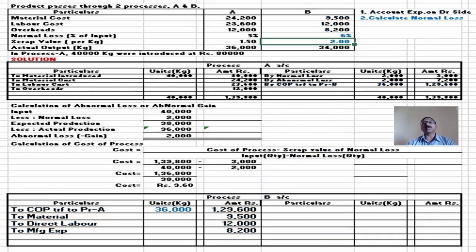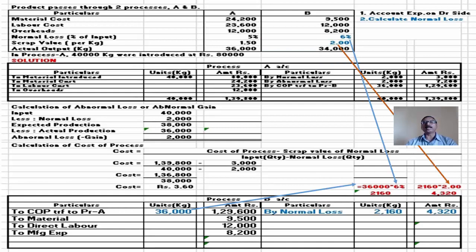Next step is to calculate normal loss. For calculating a normal loss we require the information: what is the normal loss percentage, what is the input, and what is the scrap value of this normal loss. So these are the three figures available: 36,000, 6%, and rupees 2 per kg. Now we'll post those items on the credit side of the process account as by normal loss.